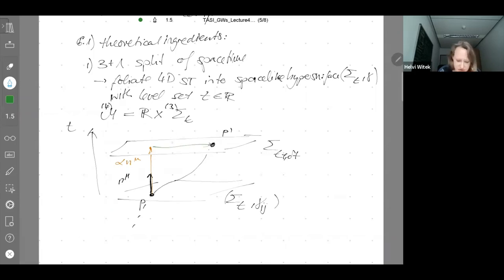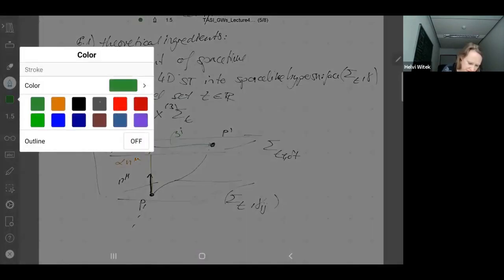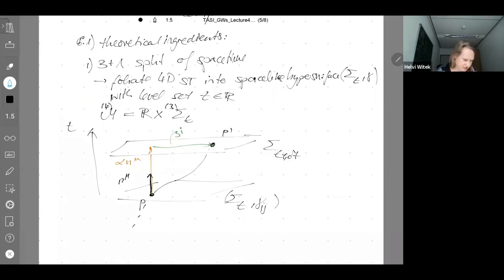And this is what we call the shift vector, beta i. So again, you may be more familiar with people using capital N i for this. In numerical relativity, this is kind of the standard form that we use here. So let me just write what these quantities are.